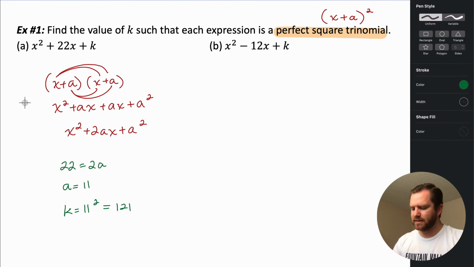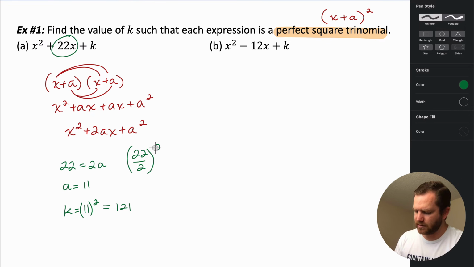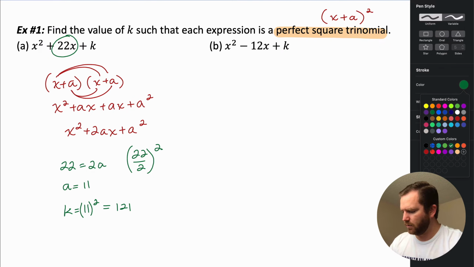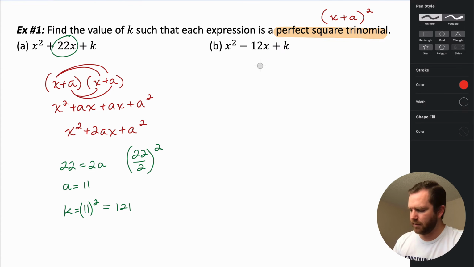So really what this whole process shows us is an algorithm that we can use in order to find this value of k. Essentially, you take the coefficient of your middle term, divide it by 2, and square it. We took the coefficient of our middle term, divided it by 2 to get 11, and then squared it to get this k value. So what would that look like in this problem?